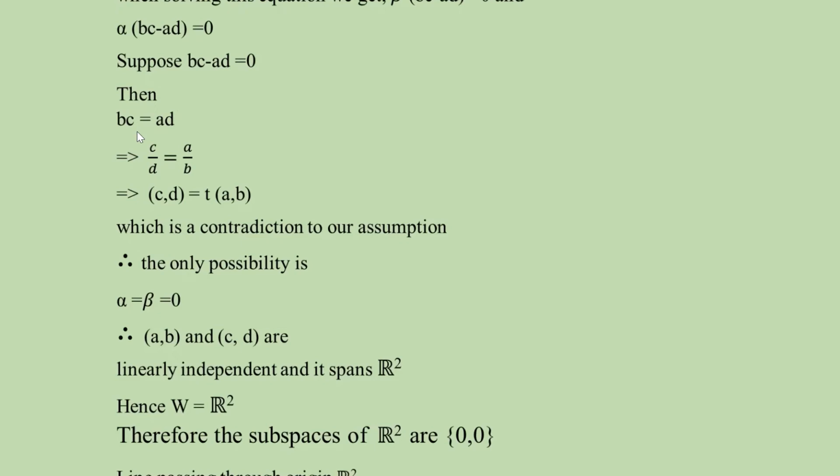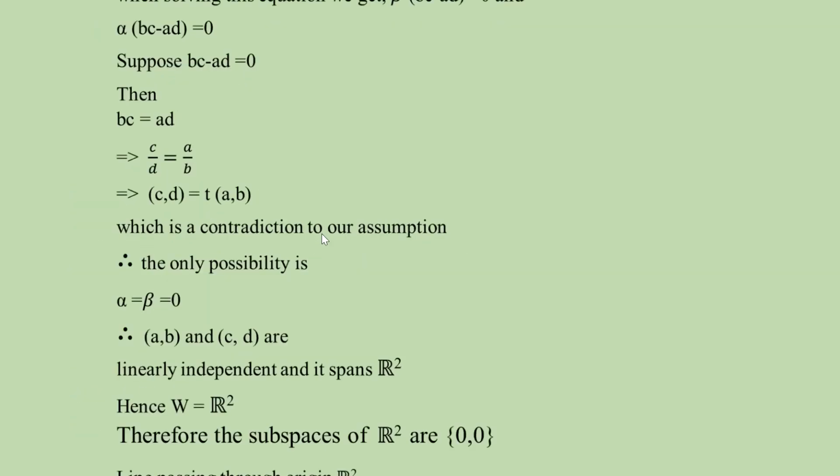So c by a equals d by b. From this, the ordered pair (c, d) is written as t times (a, b). But this is the form of a line: any element in the line is of the form t times (a, b). But we took this element (c, d) not in the line.